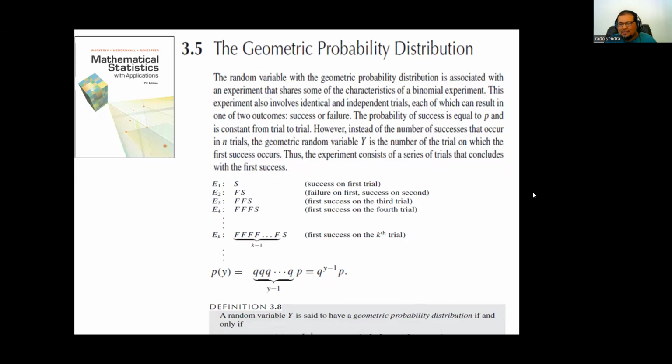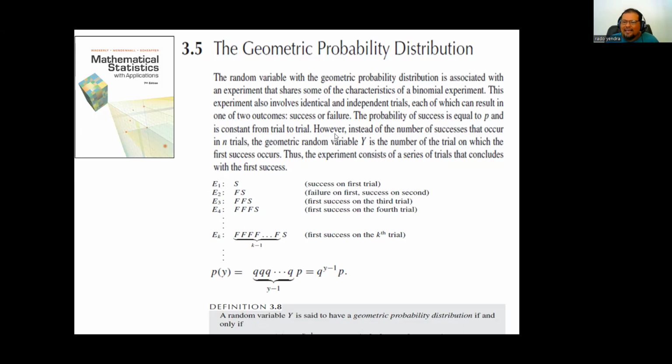We must remember: n identical trials, only 2 possible outcomes, success and failure, probability p for success and probability q for failure, independent trials, and there is the random variable of interest. So what is the difference between the binomial and the geometric?